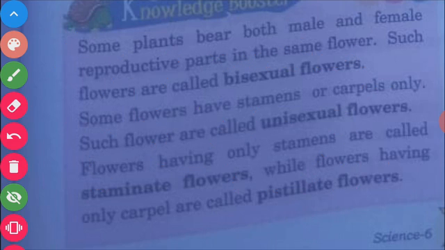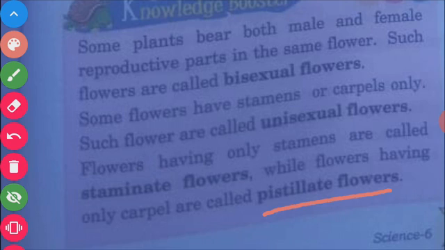If in a flower only carpels or only pistils are present, that is known as a pistillate flower. So there can be two types of flowers, either bisexual or unisexual. Bisexual flowers are those in which both male and female reproductive parts are present in the same flower.